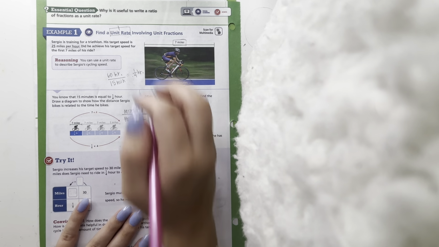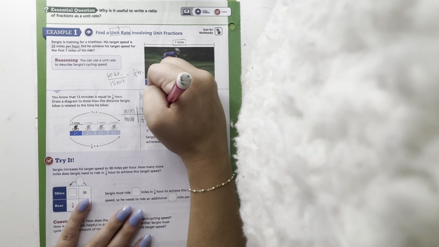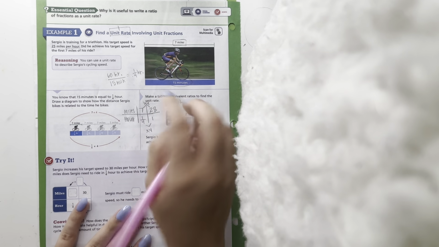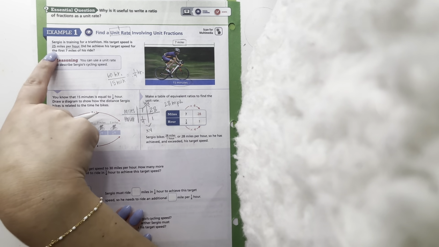So I need to times by 4 here, and we know 7 times 4 is 28. So this is telling me he's going 28 miles per hour. His target speed was 25 miles per hour. So he's going more, 28 is larger than 25. He's going more miles per hour, so he did achieve his target speed.